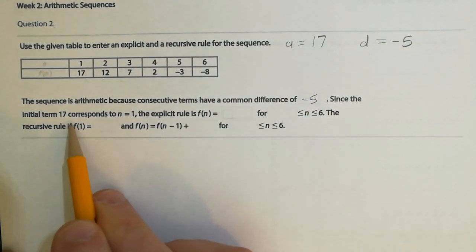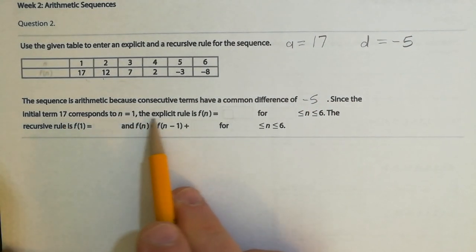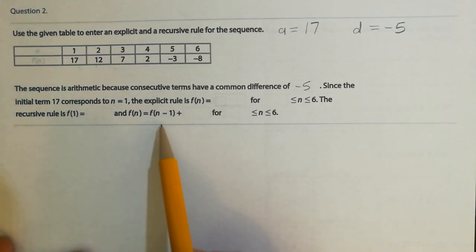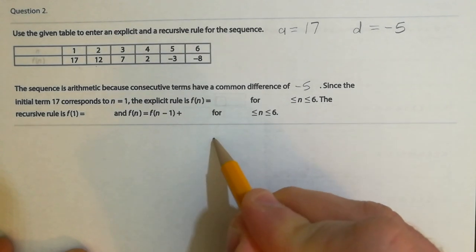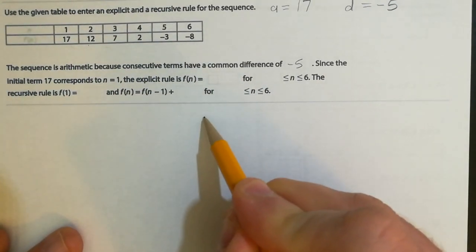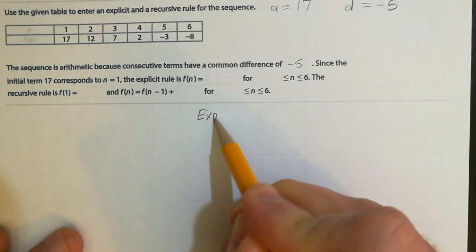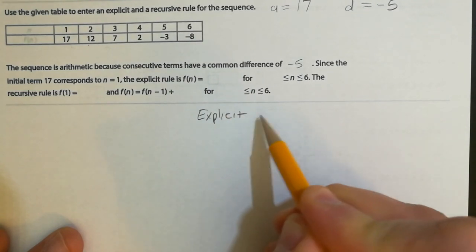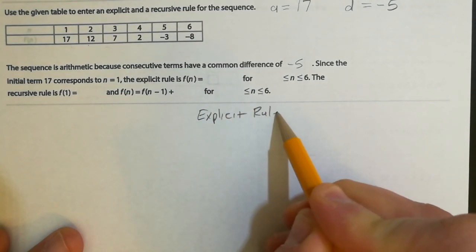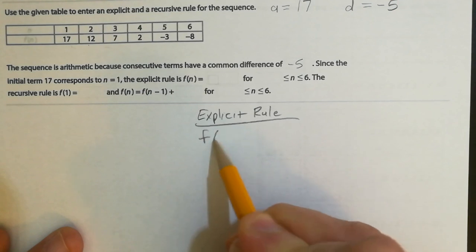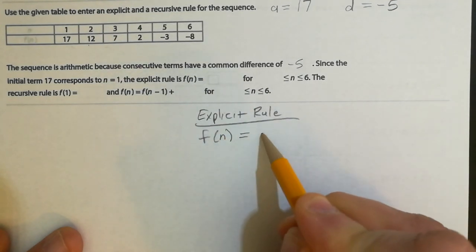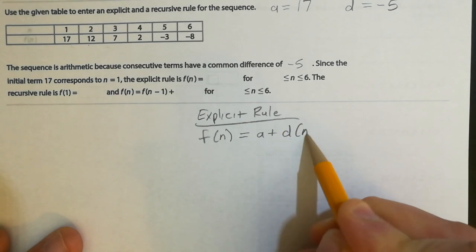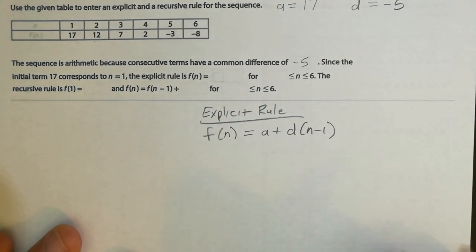Since the initial term 17 corresponds to n equals 1, the explicit rule is, okay, so we'll go ahead and just write the explicit rule here. Again, these formulas are going to be handy to have written down if you didn't write them down before. The explicit is f of n equals a plus d times n minus 1. And then for the recursive, I'll put that over here.